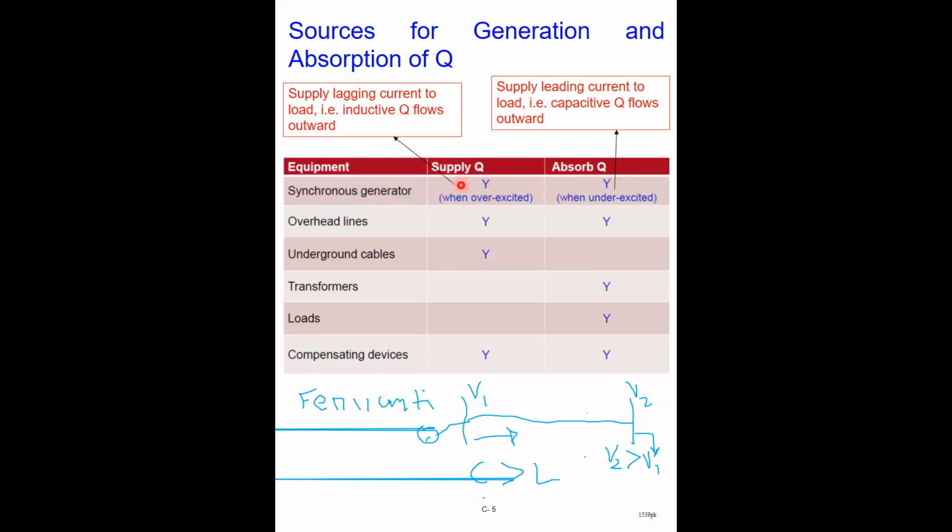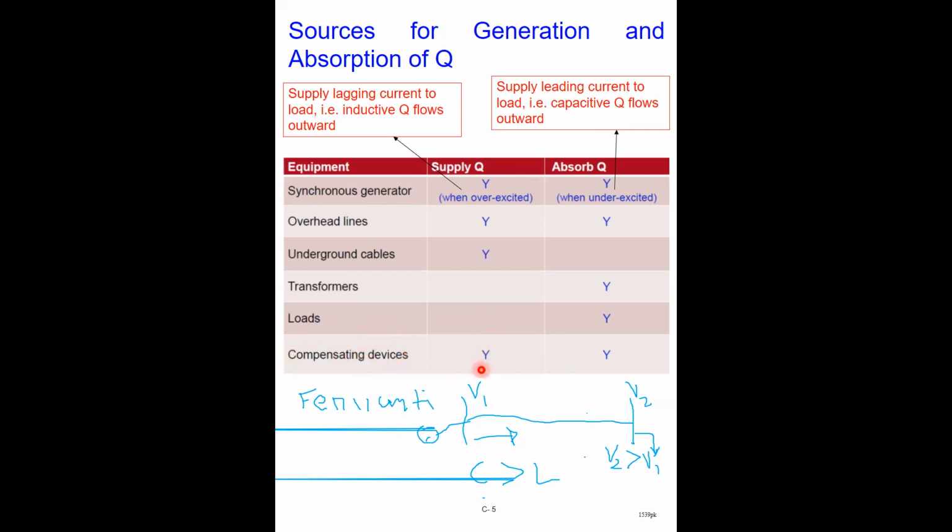If you have more reactive power than required, the voltage will be more. But if more reactive power is absorbed with respect to generation in the overall system, then the voltage will drop. So we have to bring the voltage to the rated value, and thus we need some way of compensation through compensating devices.